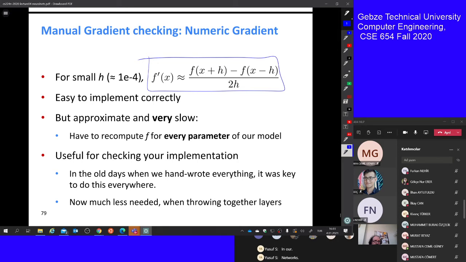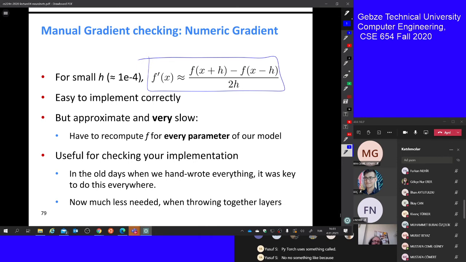Depends on the implementation. For example, TensorFlow uses symbolic gradients. PyTorch uses something called autograd, I think, and it's numeric. But do we need to use them? No, we can do symbolic.